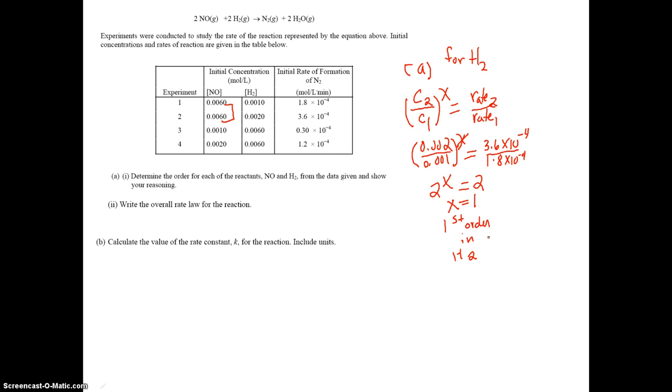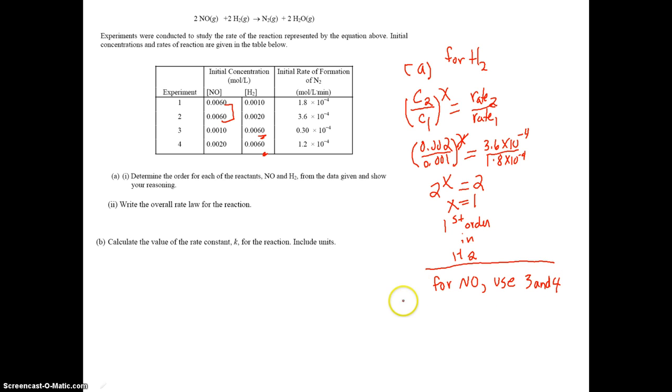Okay? Now, we have to repeat this same process for NO. So for NO, the two reactions that are the same for H2 are reactions 3 and 4. So we're going to use 3 and 4.